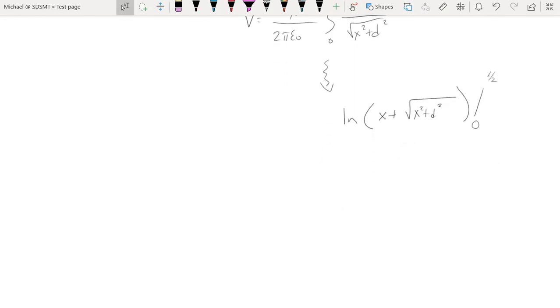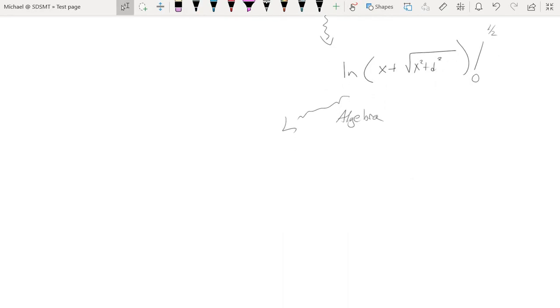And then as we evaluate everything and collapse everything down, we've got some algebra here that needs to be done, and what we're going to get for the electric potential produced by our line of charge, trying to save a little time here, that's why I'm doing this step, we're going to have lambda over 4 pi epsilon naught.